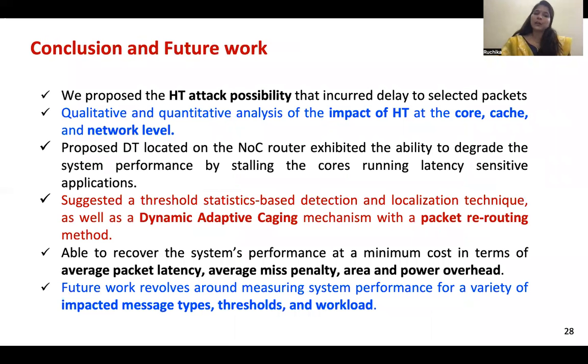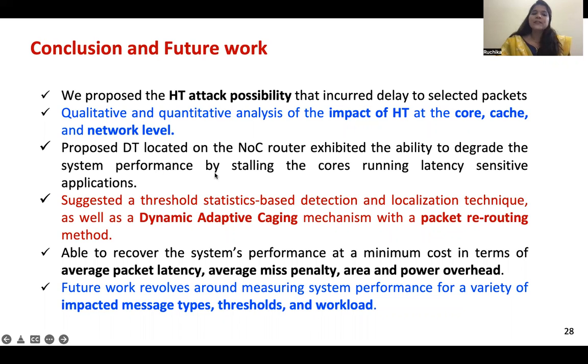With this, I would like to conclude by saying that we propose an HT attack possibility that incurs delay to selected packets. We call it delay Trojan. We have tried to analyze the impact of HT qualitatively and quantitatively, at core level, cache level, and network level.